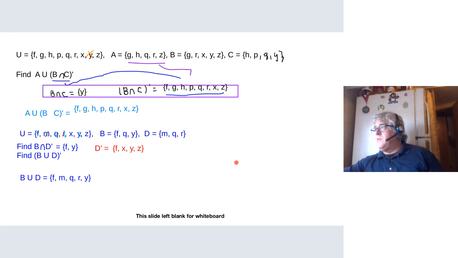So it's X, Z. It's all that's left because it was the complement. All right. Questions about that one?